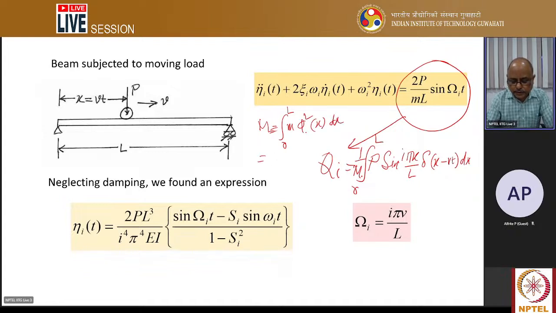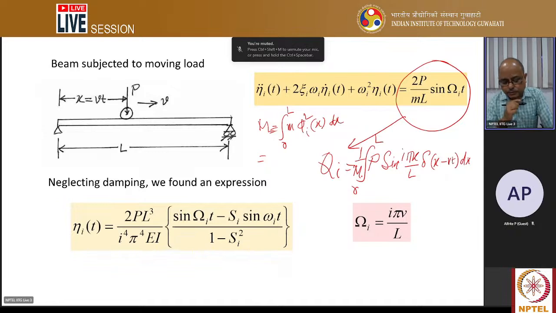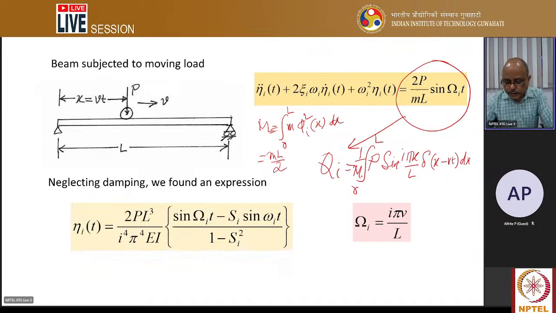And you know that if it is a sine function, then the integration of this phi square x dx will be L by 2. So the generalized mass is ml by 2. That means 2 goes to the numerator and P is there. And then, instead of x, we have to replace it by vt.